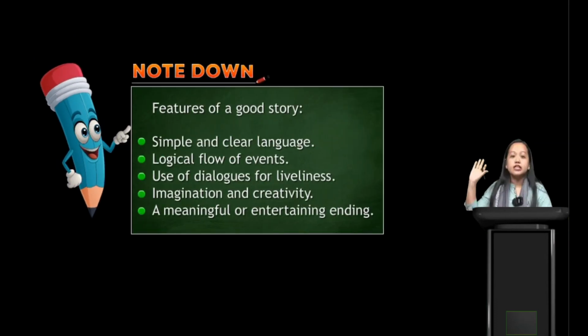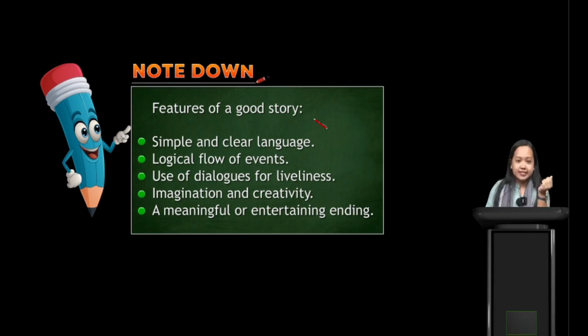Moving next. Now it's an important point. It means note down, important points that you have to write down in your notebook. Features of a good story. When you write a story, there are certain features that we have to follow.